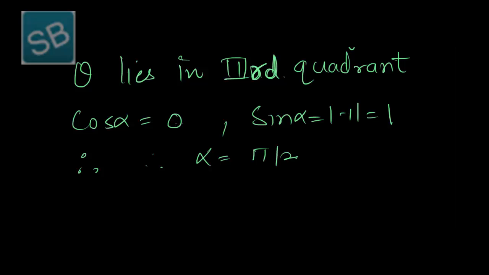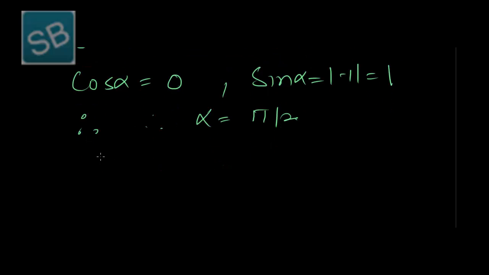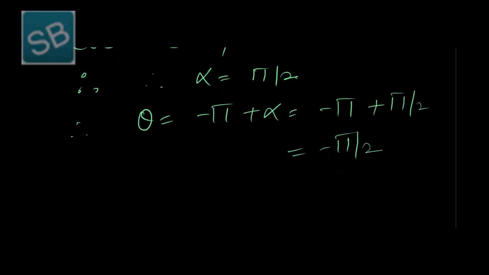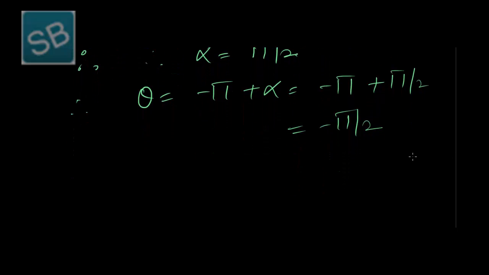The value of cos is 0 and of sin is 1. So alpha is pi by 2 here. As theta lies in third quadrant, therefore theta is equal to minus pi plus alpha, that is minus pi plus pi by 2, that is minus pi by 2. Therefore, as y is less than 0, argument of z is minus pi by 2.